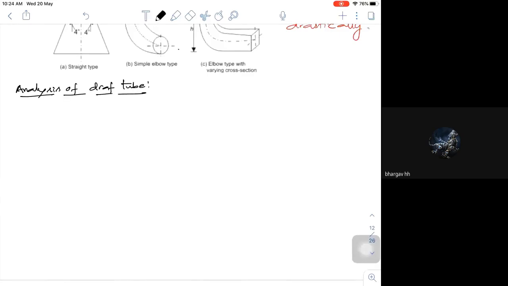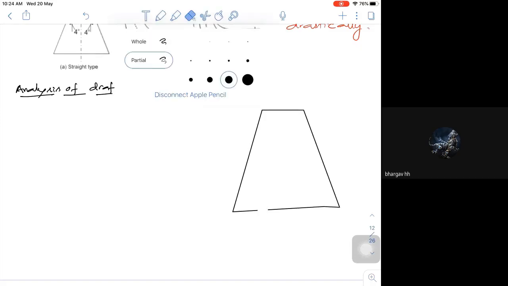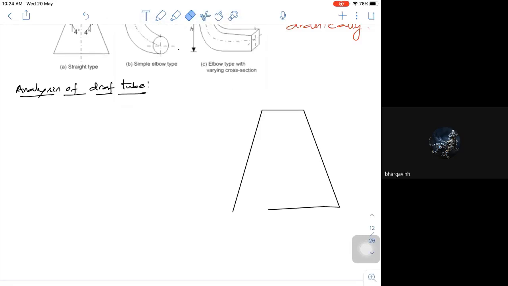Now to analyze it, I will try to draw a cone like this. This is my exit, which is completely inside the tail race.